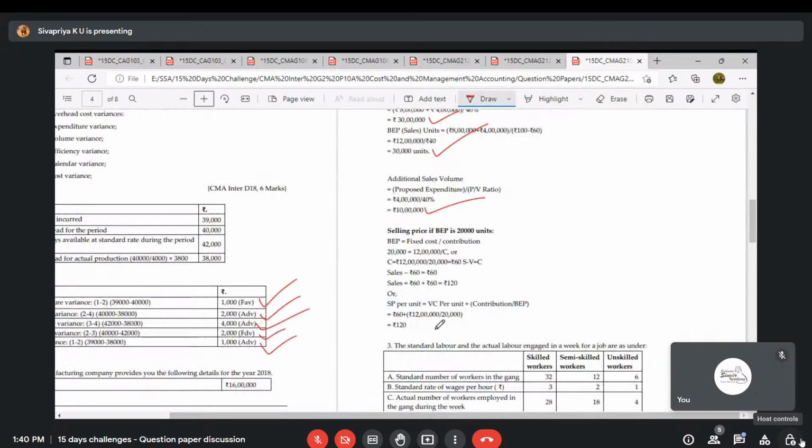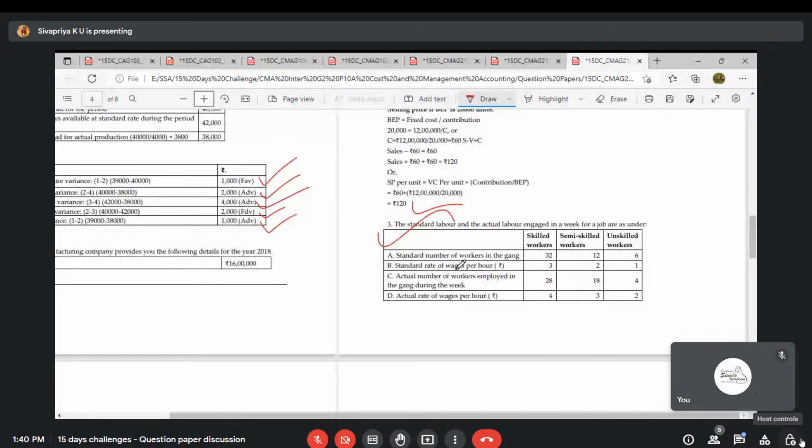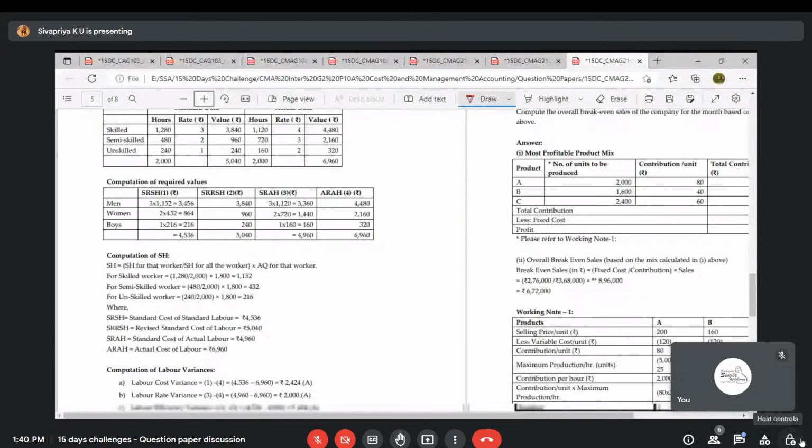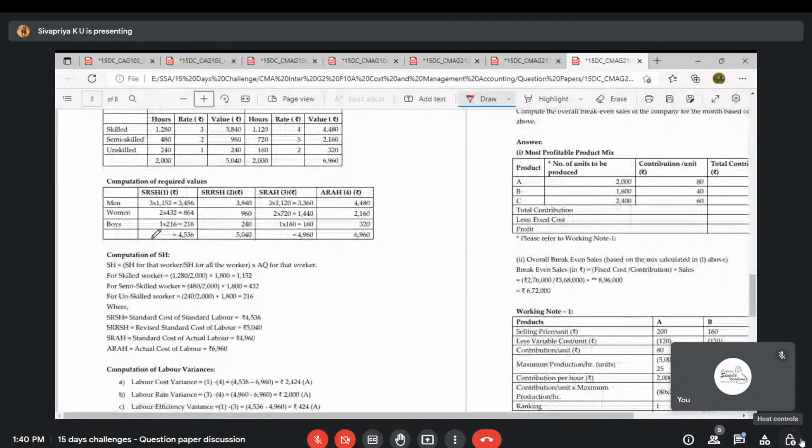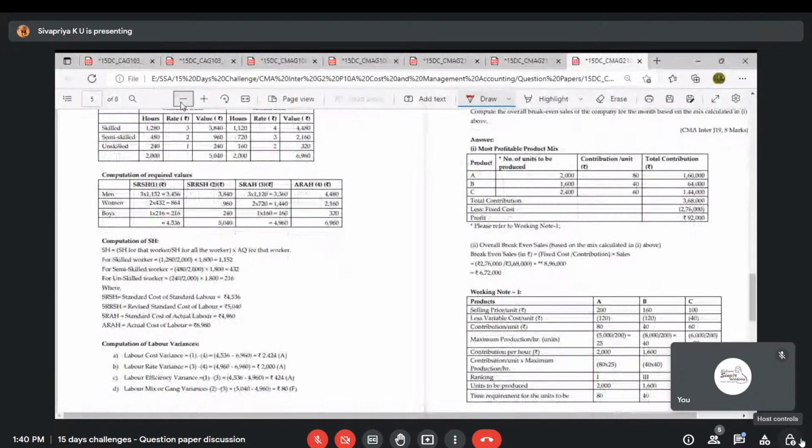Then question number 3. Labor cost variance, the solution. So these are the workings, and this is the answer. 2,424 adverse is the cost variance, rate variance 2,000 adverse, 424 adverse efficiency, gang or you can call it a labor mix variance, 80 favorable, and you have another variance called sub efficiency variance.